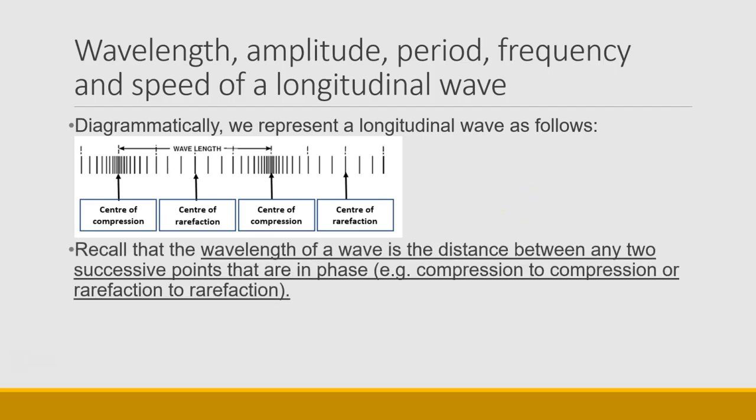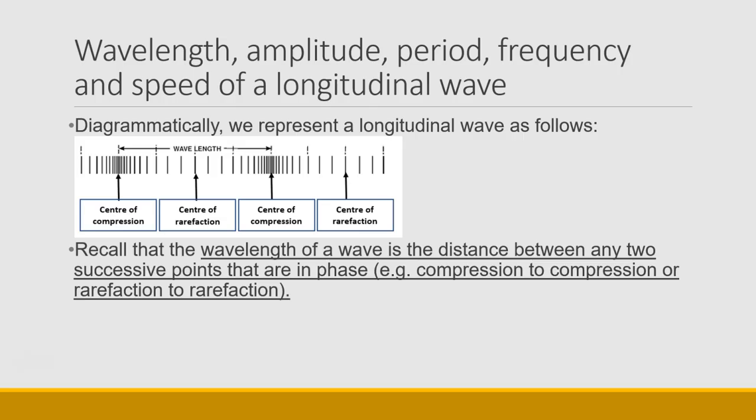Recall that when we learned about transverse waves, we defined the wavelength of a transverse wave as the distance between any two successive points that are in phase, and this definition still applies. The only part of the definition that changes is the example part. So for a transverse wave, we said it's the distance from crest to crest or from trough to trough. But longitudinal waves don't have crests and troughs.